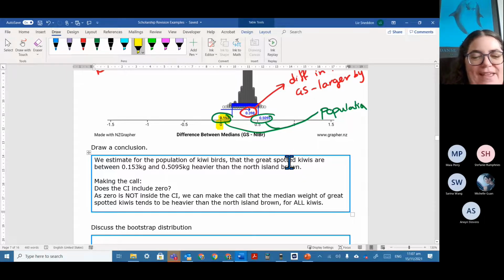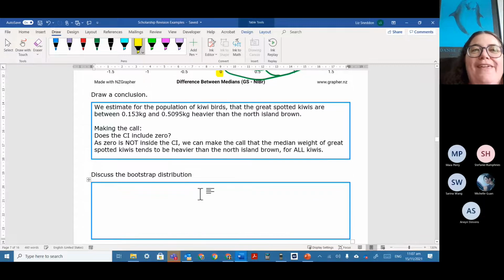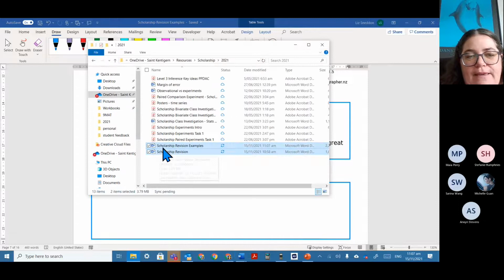Okay. So who remembers much about the bootstrap distribution? Yes, there's some of us that did this earlier this year that we should remember hopefully a little bit about it. And I remember I made you write some stuff down about bootstrap for one of the scholarship classes at the beginning of the year.